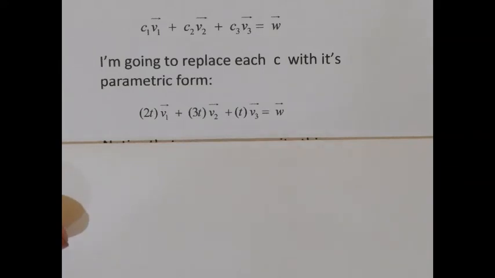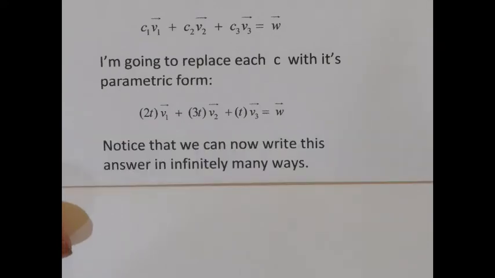Here's an interesting thing to know about this problem. I can put any number in for t, which is an infinite amount of numbers, and I will get an infinite amount of vector w's. So, notice that we can now write this answer in infinitely many ways.